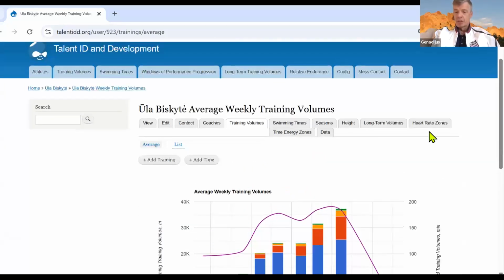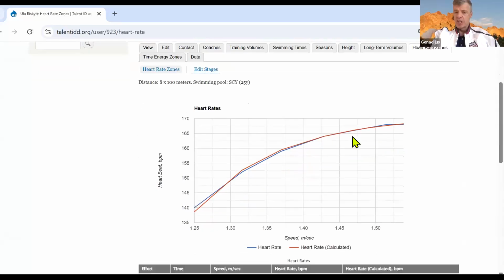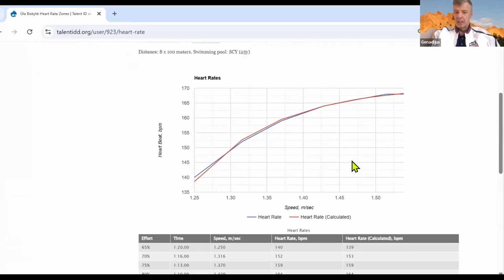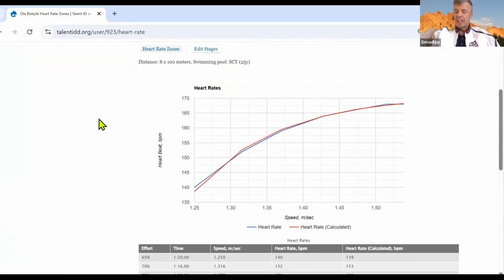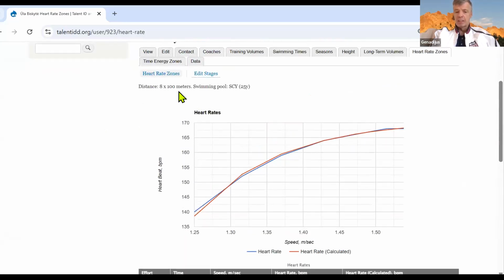So you also can look at the heart rates as well. How heart rates are changing with speed, and analyze energy zones based on the heart rate. This is a step test, say 8 times 100 descending. Start with a slow pace.